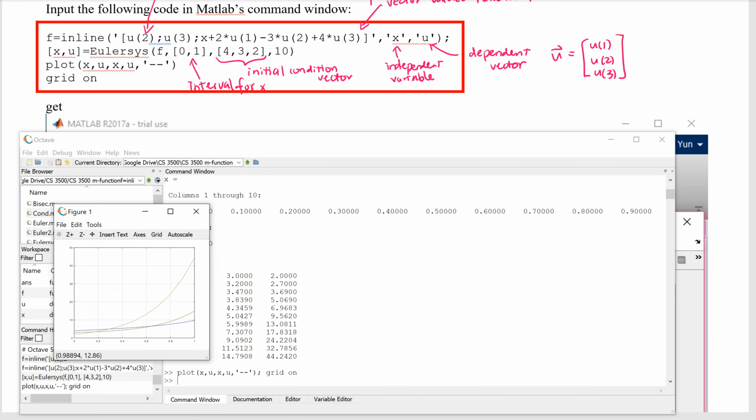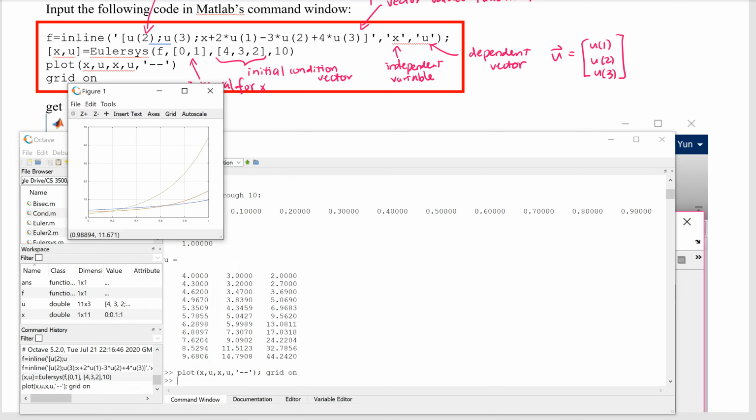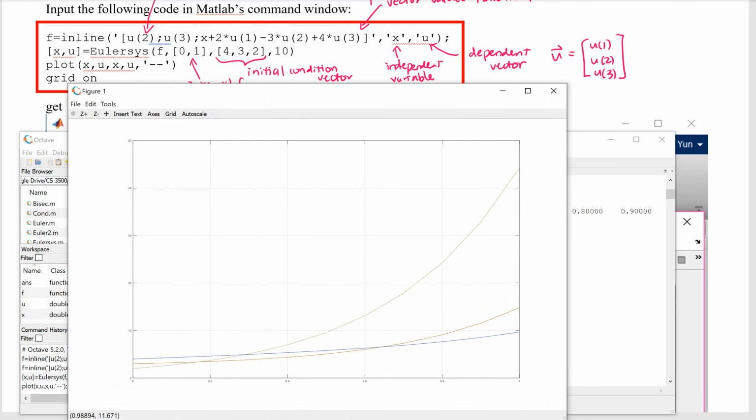We got this. Let me make it bigger. See, we have 3 functions. Those are the coordinate functions. We can draw it in space, but here, no matter how many coordinates we have, it just shows the coordinate functions.